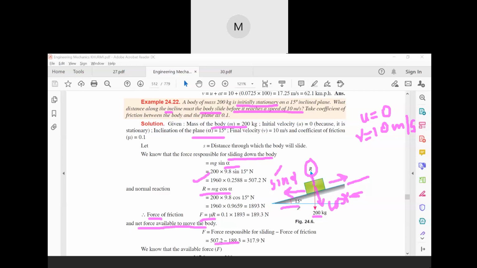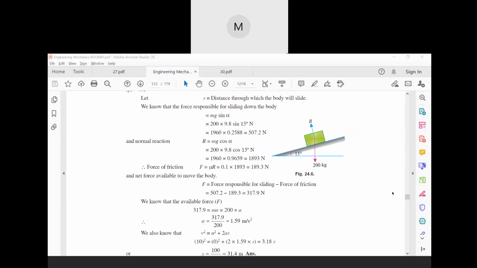So F is what? Frictional force. One is the frictional force and one is the force responsible for sliding. If you subtract these two, then you will have the net available force that is capable of moving the body. So now you can find out the net available force like this.